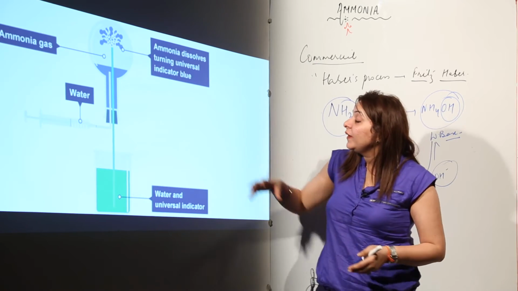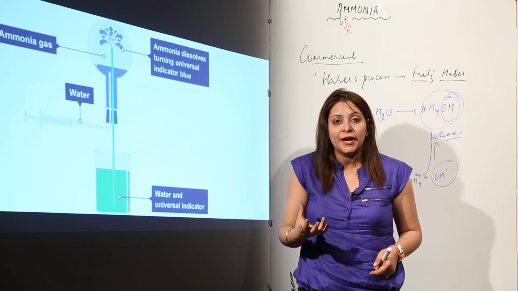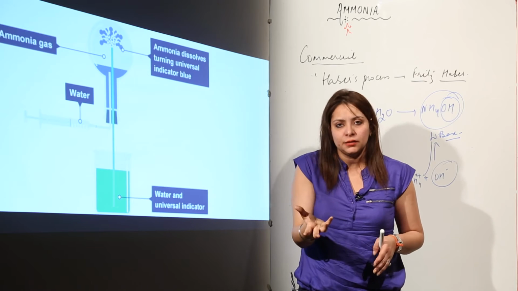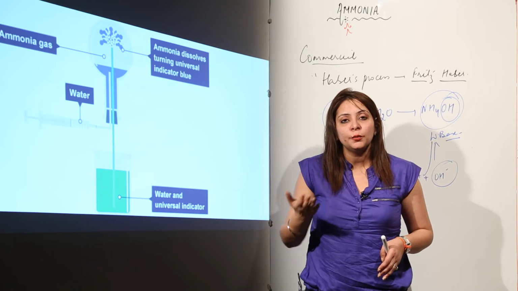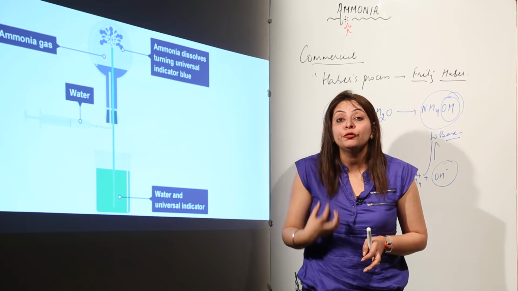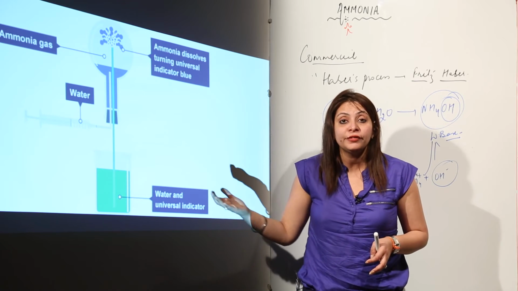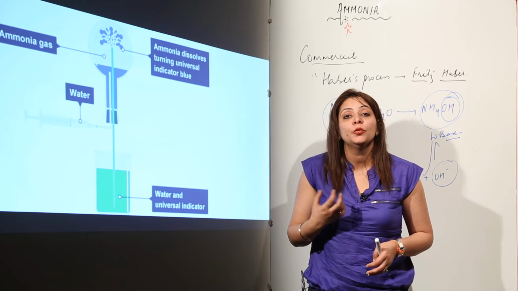So when the ammonia present in the round bottom flask gets converted, at least partly, into ammonium hydroxide, the pressure inside the flask is going to fall, because there is no more ammonia left in the form of gas. It is now converted into ammonium hydroxide.